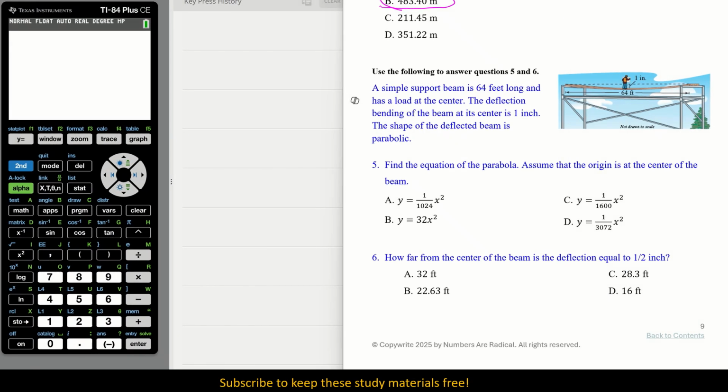Okay, a simple support beam is 64 feet long and has a load at the center, which is the person standing there. The deflection, bending of the beam at the center, is 1 inch. The shape of the deflected beam is parabolic, meaning a parabola.